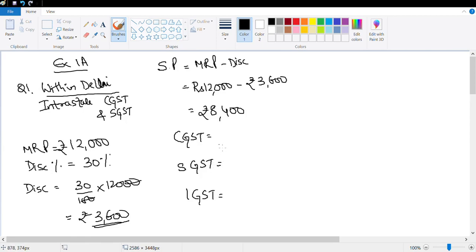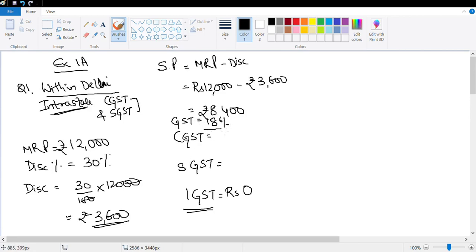So before I go to CGST and SGST, let's calculate IGST. Now I said if it is intrastate, is there any IGST being charged? No. So integrated GST is 0 because only CGST and SGST is being charged. Now the GST rate is given as 18%.